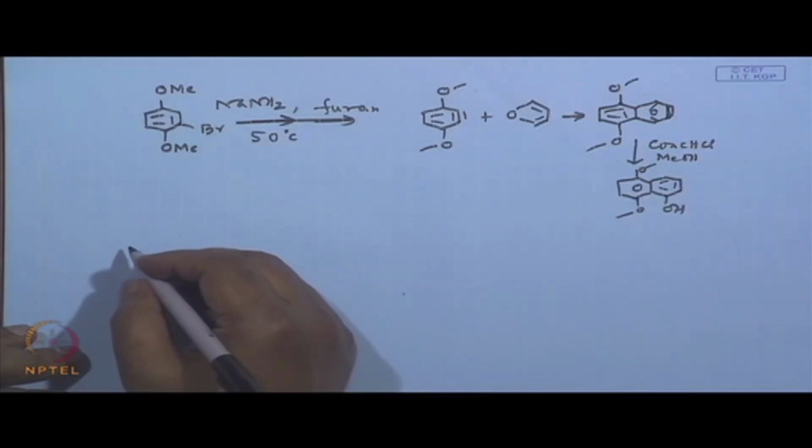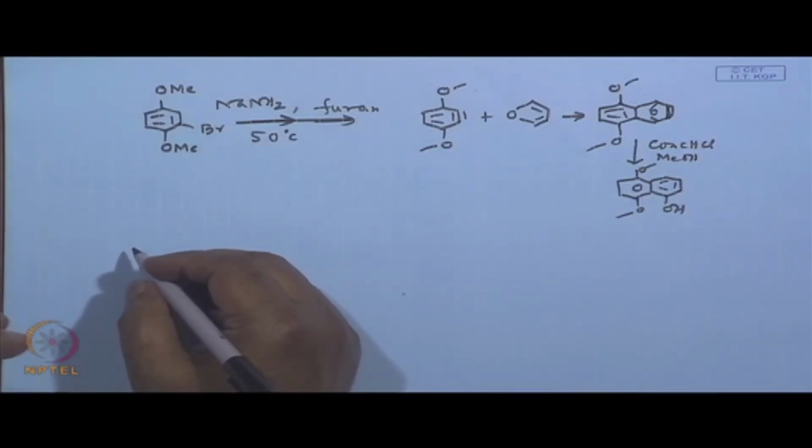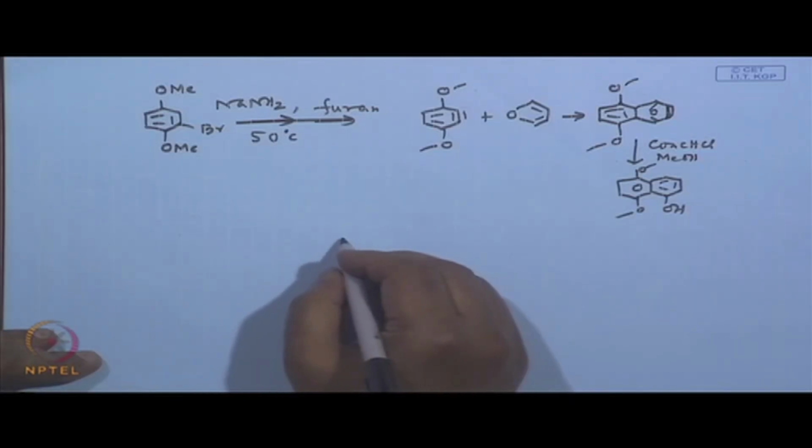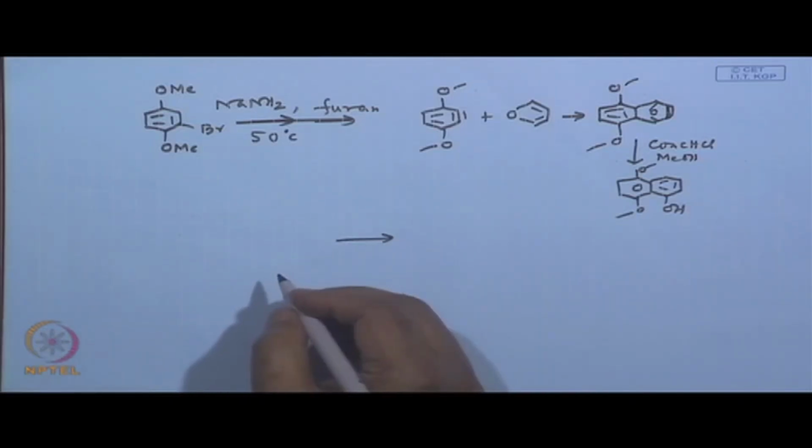After alkyne, so the first was the simplest alkene, that is maleic anhydride, second was alkyne, third is a special kind of alkyne. Then what next you can think of? Okay, furan is common because it belongs to heterocyclic chemistry. So, you will have a furan. Now, we will try to see the selectivity.